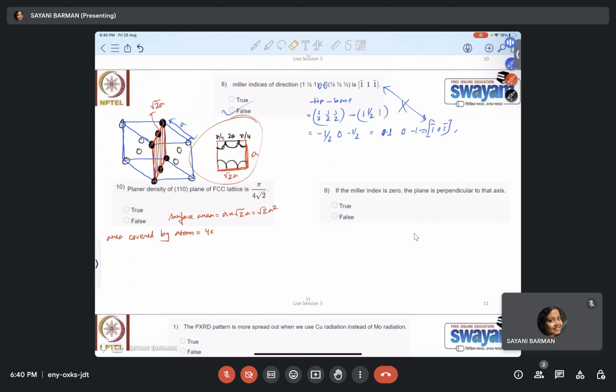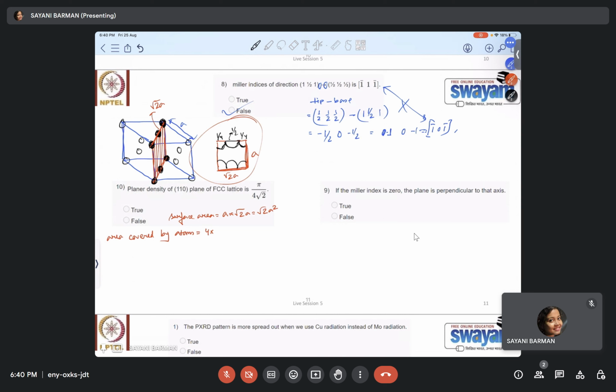Okay, this is not the correct one. What I wanted to tell is, this is one fourth of the circle. This is one fourth of the circle, and this one is a semicircle. This one is a half semicircle, right?